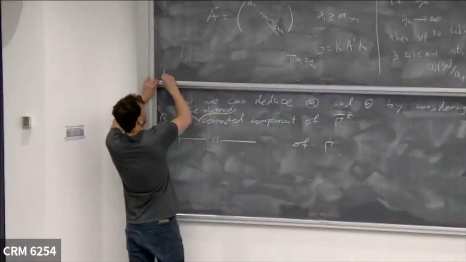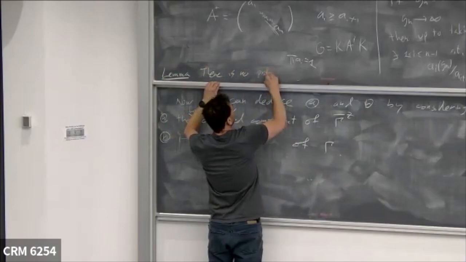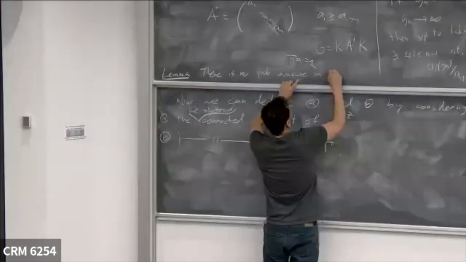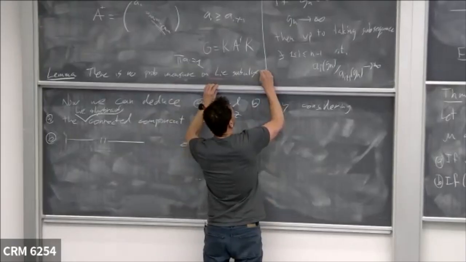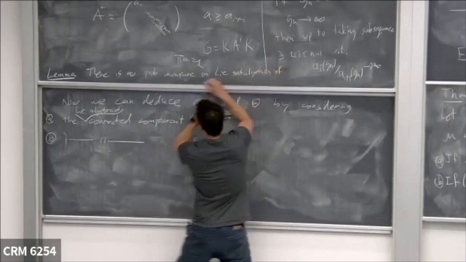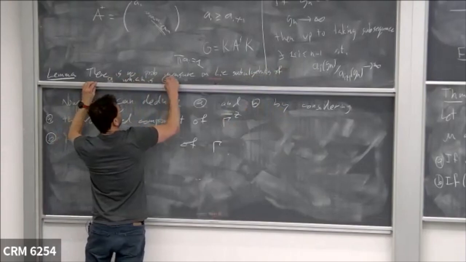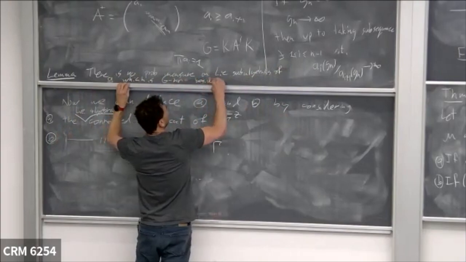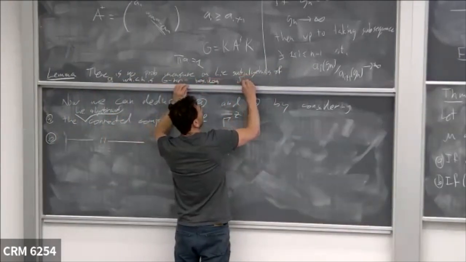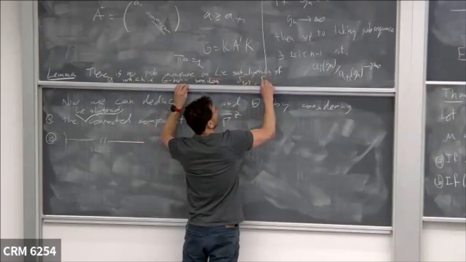maybe I just write it as a lemma. There is no probability measure on Lie subalgebras of G which is G invariant, except, besides, the Dirac measure on the trivial Lie algebra, the zero, and the Dirac measure on the full Lie algebra.